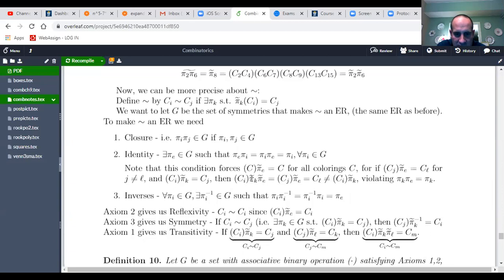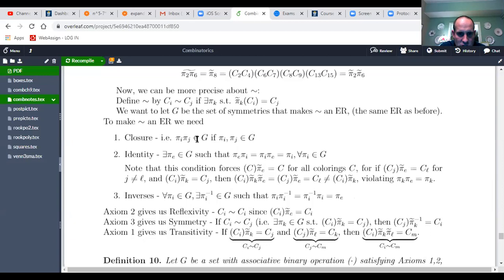Pi k twiddle, pi e twiddle sent Ci to Cl, whereas pi k twiddle sent Ci to Cj, which is not Cl. So that would violate these things being equal, right? So it's necessary, right? If this thing satisfies that it fixes all the permutations, then the permutation it induces on colorings fixes all colorings. Okay, so that's just kind of an interesting little factoid.